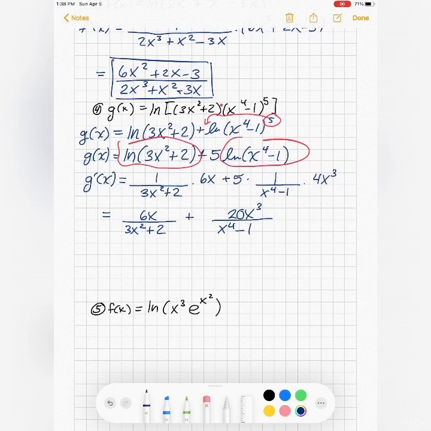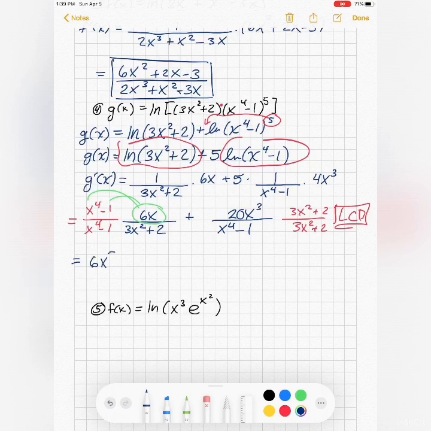I don't know, should I do an LCD? Let me think about what this will look like if I do an LCD here and try to combine these. So I'd be multiplying x to the 4th minus 1 and this one by 3x squared plus 2. So what would that give me? I'm distributing, right? That'd be 6x to the 5th minus 6x.